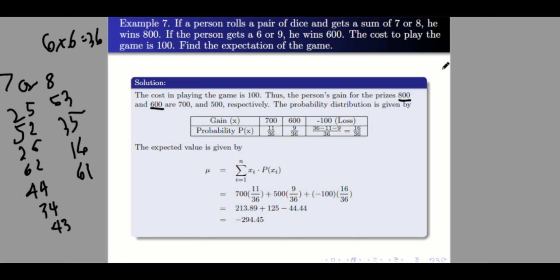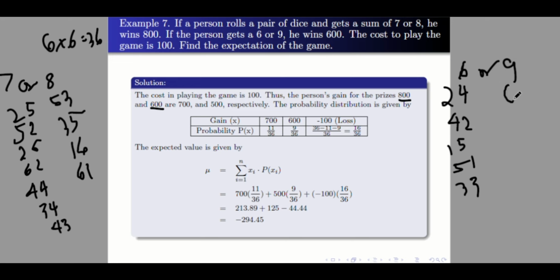Now let's go to a sum of 6 or 9. Okay? So for 6 we can have 2, 4, 4, 2, 1, 5, 5, 1. And we can also have 3 and 3.